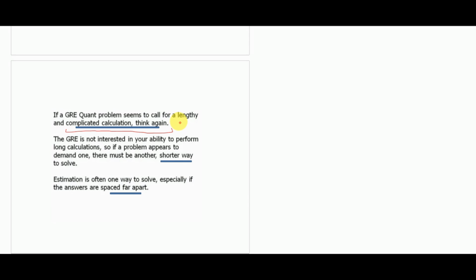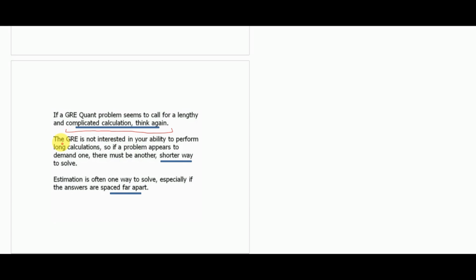The GRE never ever wants you to solve very lengthy, huge equations. So stop, take a deep breath, think out of the box about how you can solve it or how you can simplify that expression, and then approach the question again with the simplified form.